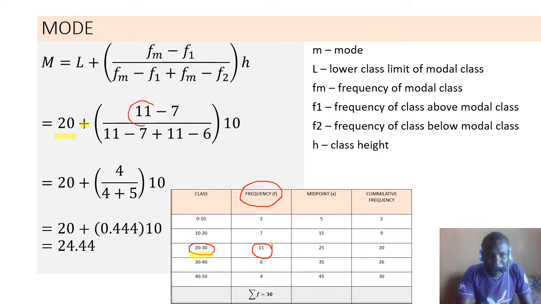The next thing is F1, which we said is the frequency of the class above the modal class, which in our case is 7. Then we come down to the formula where Fm is 11, F1 is 7, plus Fm is 11 minus F2.